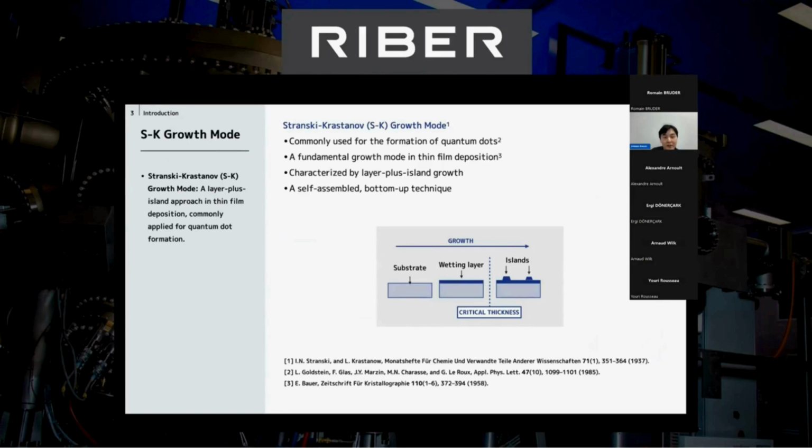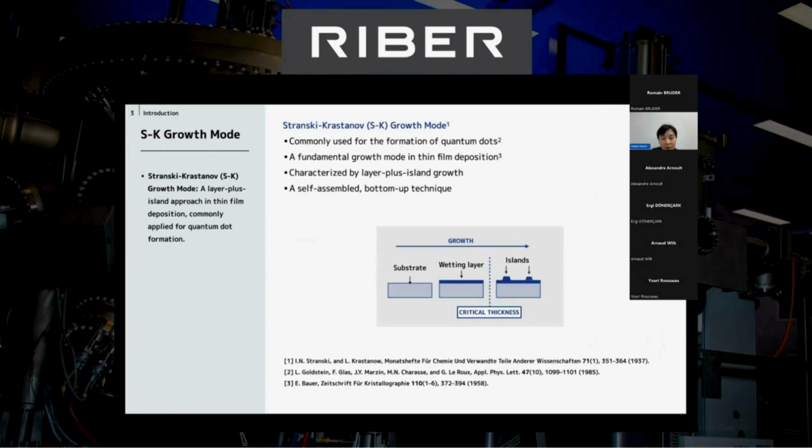The Stranski-Krastanov growth mode is commonly used for the formation of this kind of quantum dots. This SK growth mode is a fundamental growth mode in thin film deposition, and it's characterized by layer plus island growth.